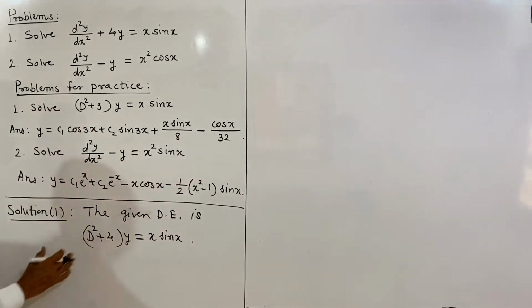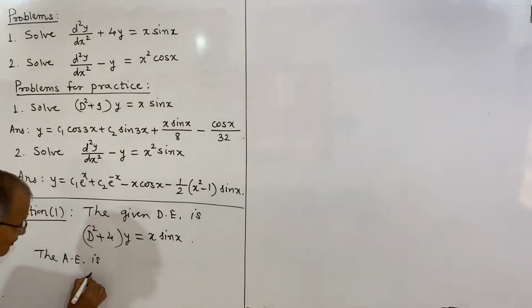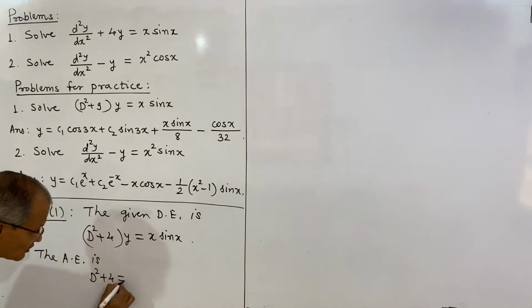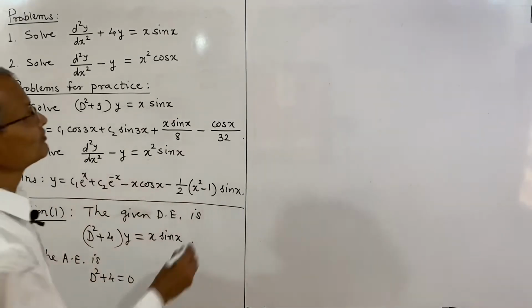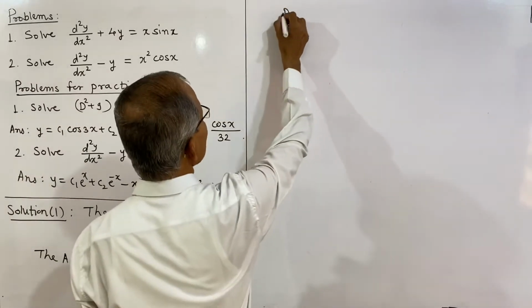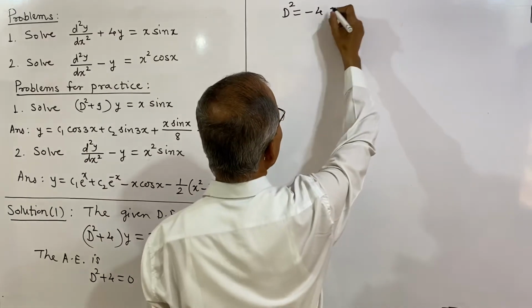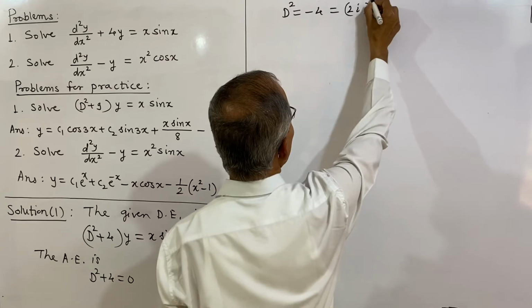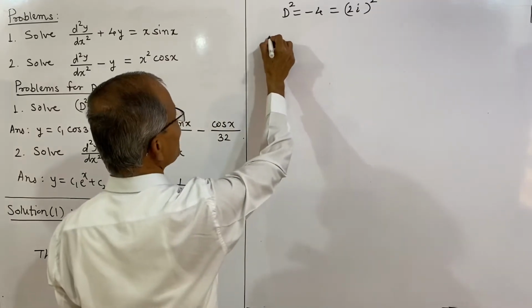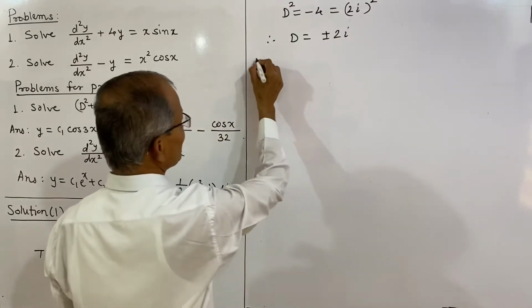We now write the auxiliary equation: d square plus 4 is equal to 0, which gives d square is equal to minus 4. This can be written as 2i whole square, since 4 is 2 square and minus 1 is i square, and therefore d is plus minus 2i.